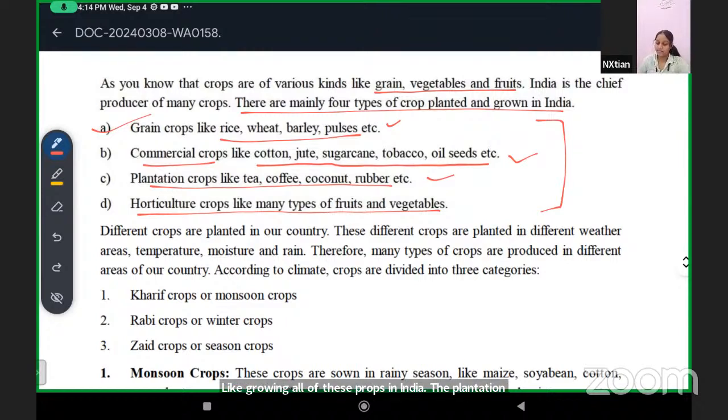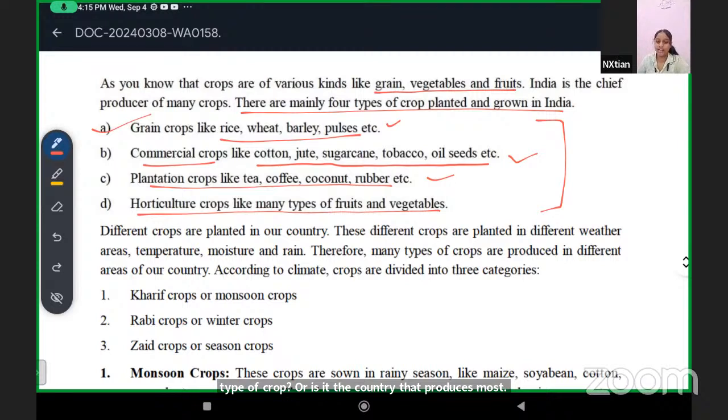Why is India said to be the chief producer of many crops? Is it the chief producer in the world of a special type of crop, or is it the country that produces most crops in the world? It's the country that produces a lot of crops in the world.